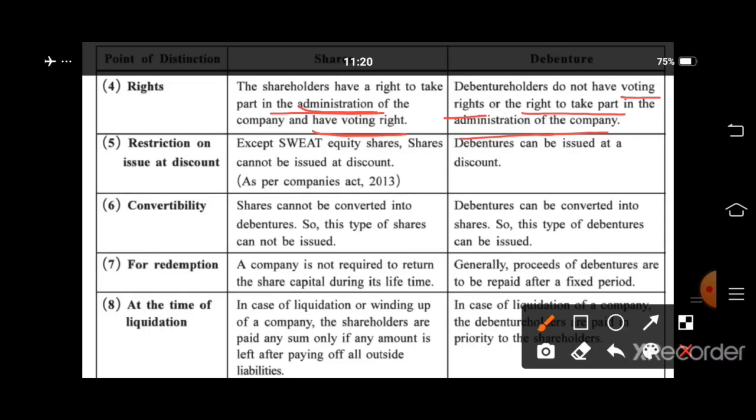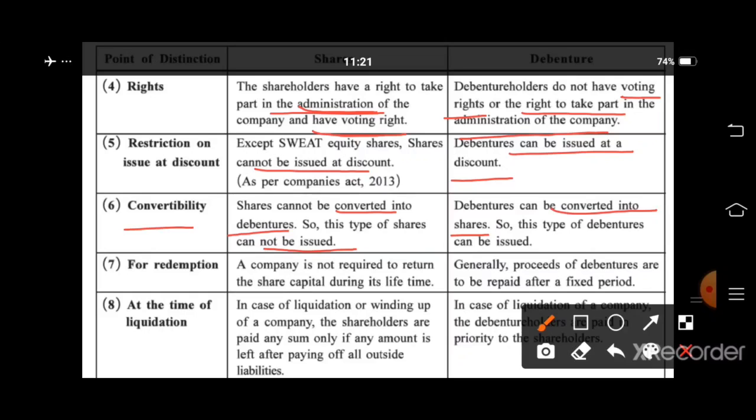Restriction on issue at discount: except in certain cases, equity shares cannot be issued at a discount. Debenture can be issued at a discount. Convertibility. Shares cannot be converted into debenture, so this type of shares cannot be issued. Debentures can be converted into shares, so this type of debenture can be issued.